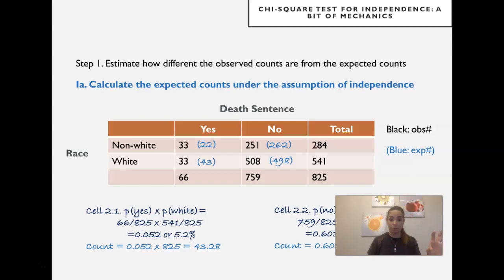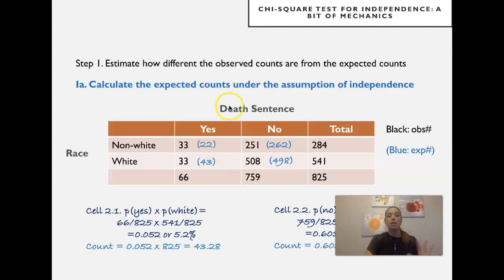Based on this table, based on the law of multiplication, we computed the expected probabilities of an individual getting the death sentence and being non-white, not getting the death sentence and being non-white, getting the death sentence and being white, and not getting the death sentence and being white.